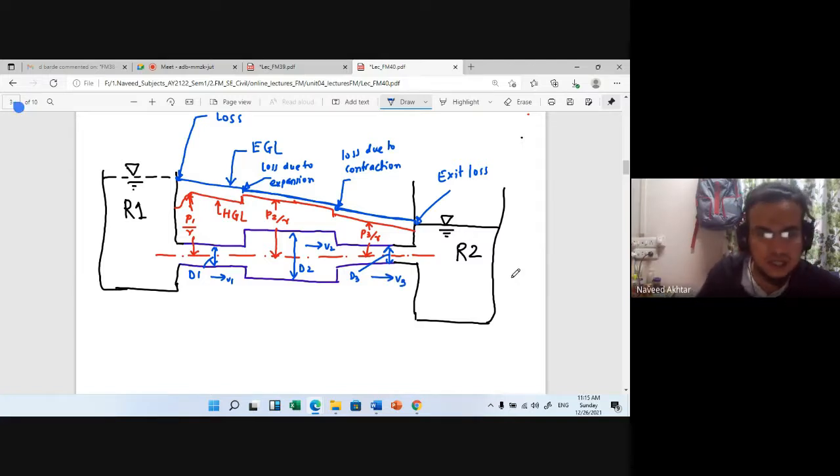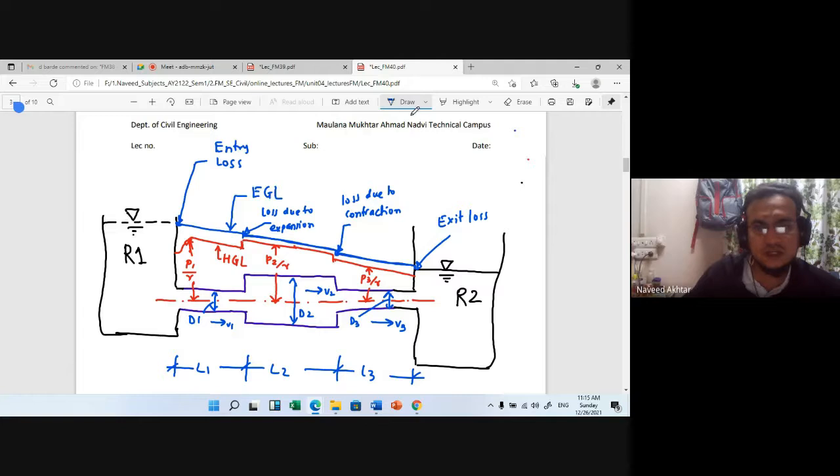Okay, and L1, L2, L3 will be the lengths of the pipes. So I will write down L1, L2, L3. These are the lengths of pipe 1, pipe 2, and pipe 3.